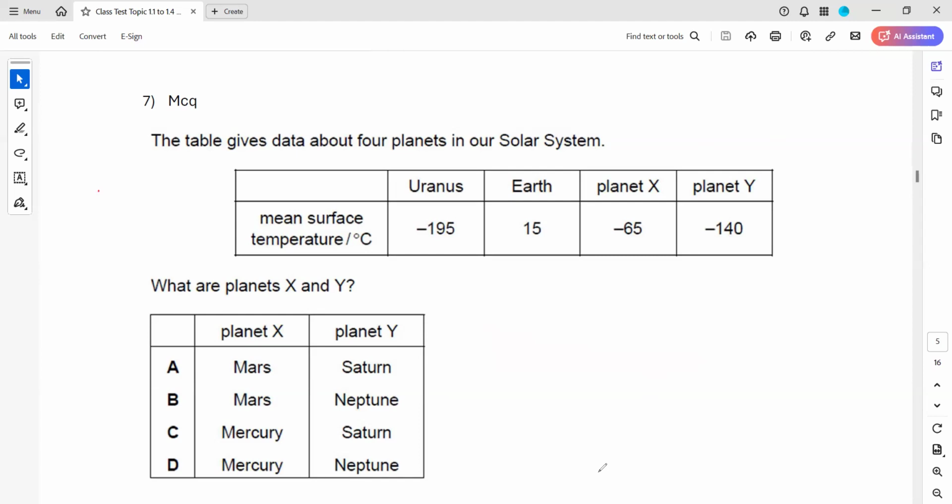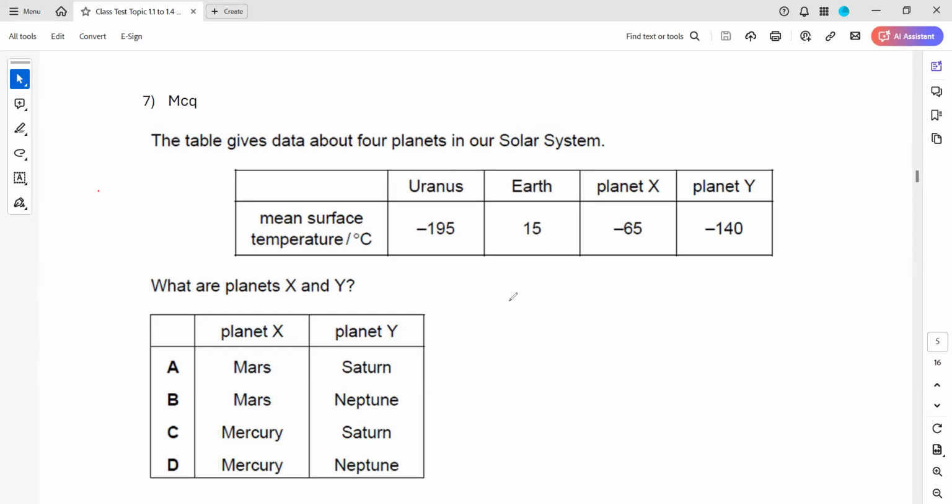And these temperatures are given. Using these temperatures, we can identify whether a planet is closer to the Sun, because a high temperature gives you the idea.